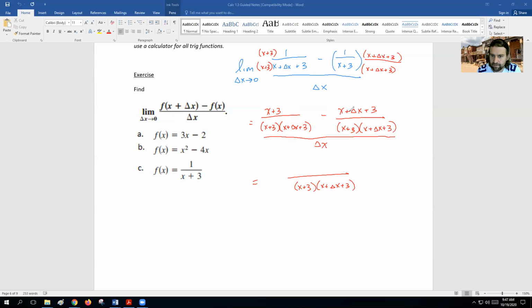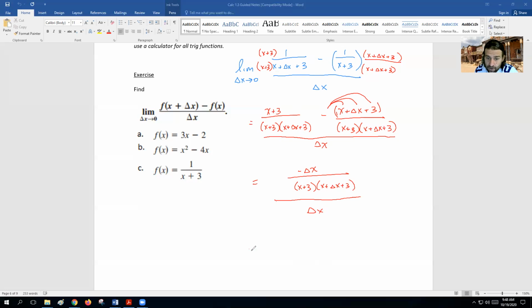And then minus, because we'll technically have to distribute this minus sign to all three of those. So we'd have a negative delta x. And then the negative 3 will cancel out that positive 3. And then we have this whole thing all over delta x still. So all I did on this top part was combine the numerators, which just cancels out a lot except for a negative delta x.